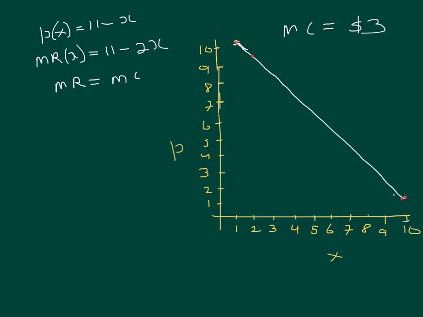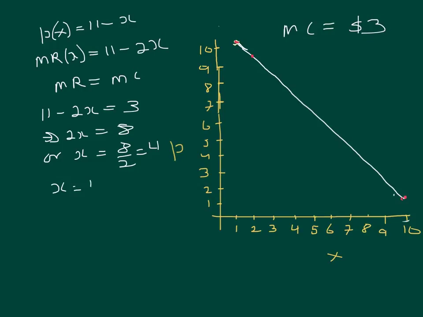So using the profit maximizing condition, what we get is 11 minus 2x should equal 3, which implies 2x should equal 11 minus 3, which is 8, or x should be 8 over 2, which is 4. So the profit maximizing output for this monopoly should be x equals 4 units, and we can plug this in our demand curve to get the optimal price should be 11 minus 4, which is $7.